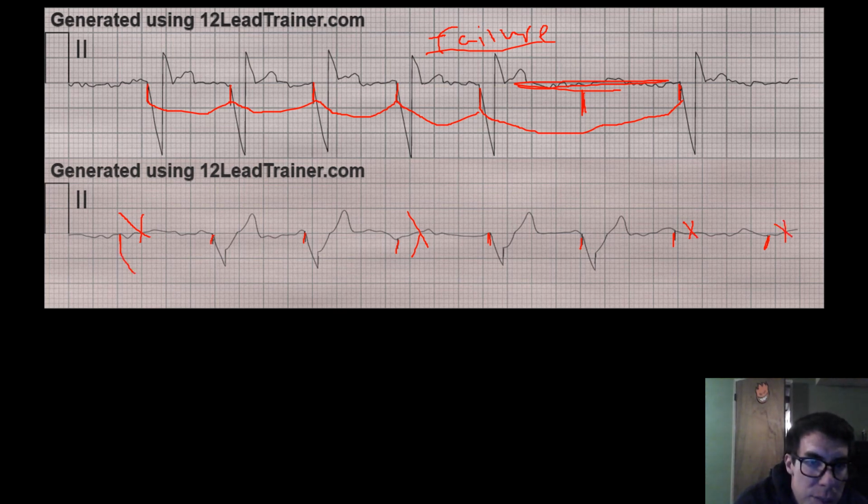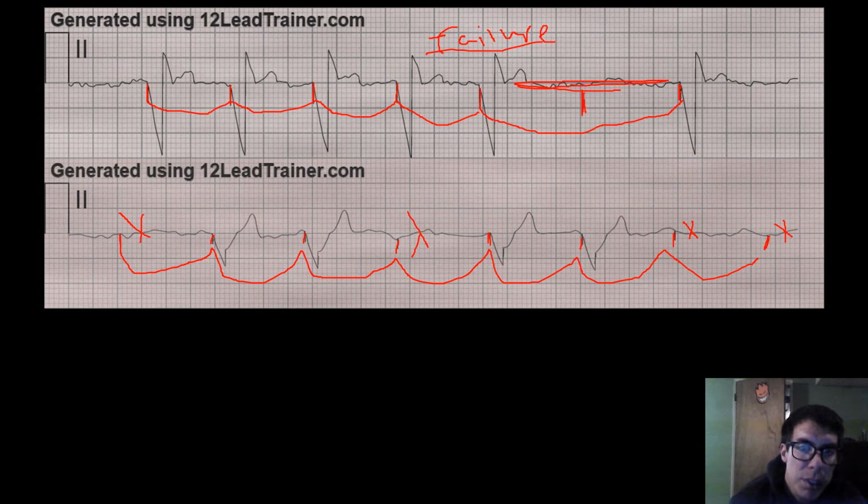But if you look at the pacer spikes, those intervals are pretty regular. So when you have a regular interval, it's not malfunctioning, it's firing when it's supposed to, it's just the ventricles aren't responding as they should. So in that case, we call it a failure to capture, or capture failure.